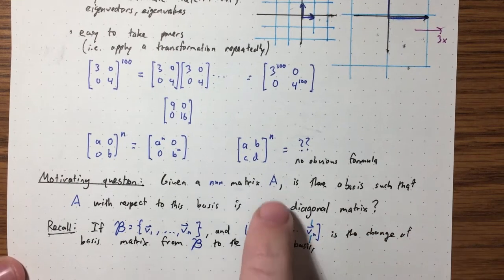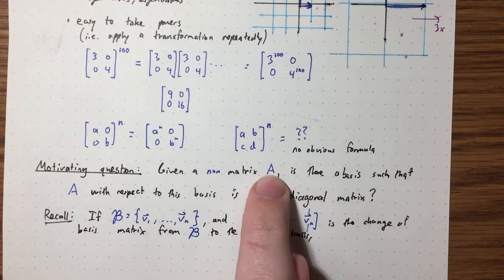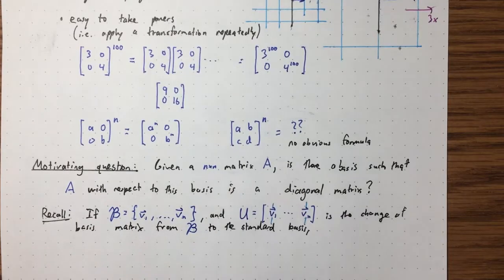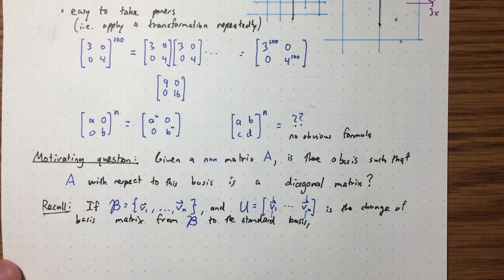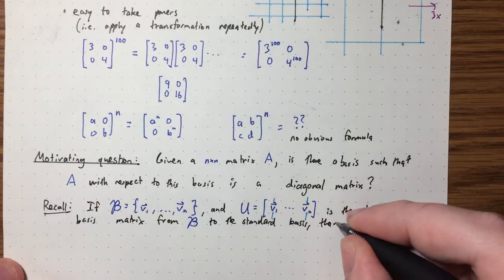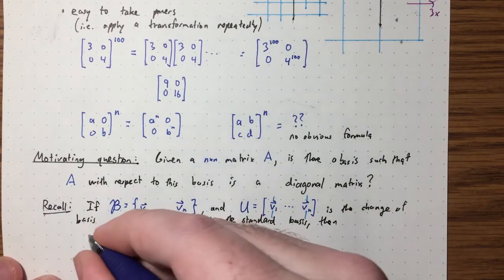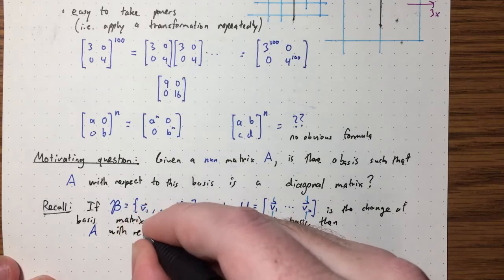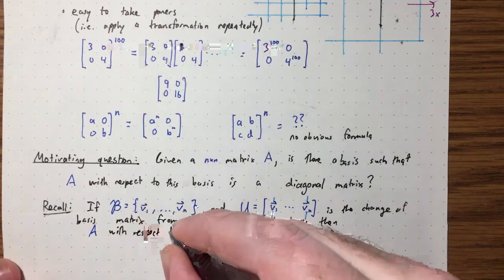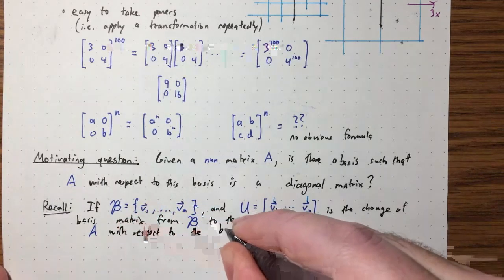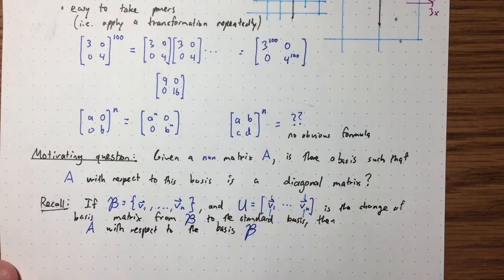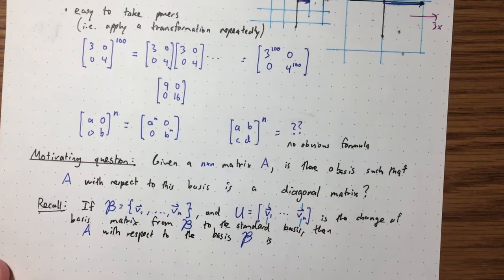Then, do you remember how we can convert a matrix A into a matrix with respect to this new basis instead of with respect to the standard basis? So then A with respect to the basis script B is, what do we do?